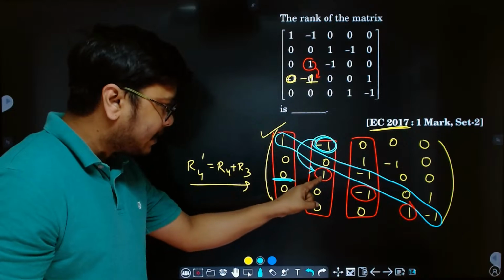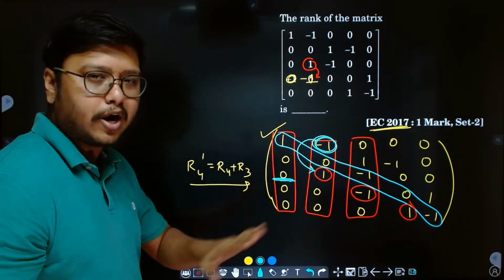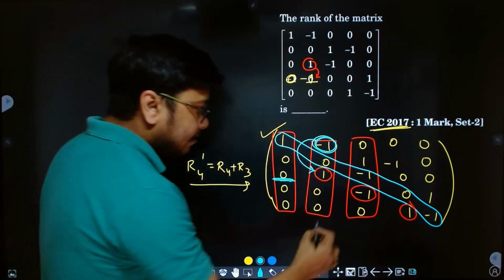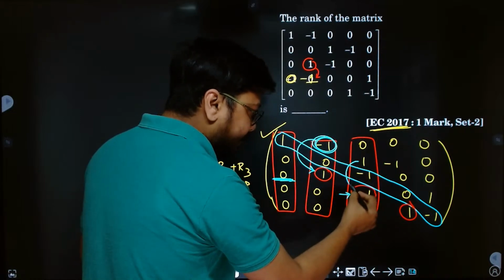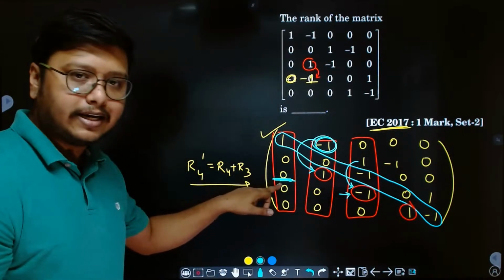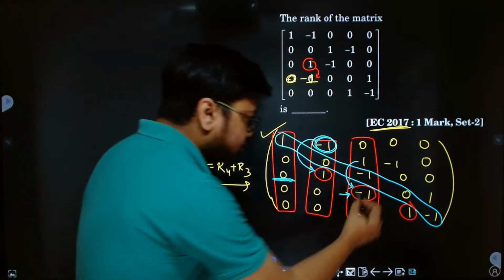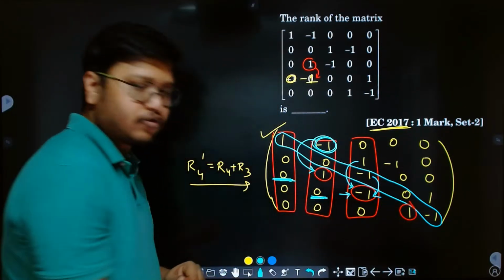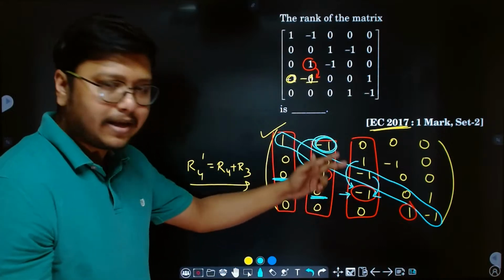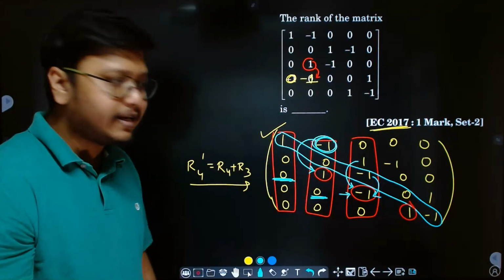So if I try to make this 0, this 0 is getting destroyed, so that is not working out. If I try to make this position 0, let's say with the help of this element, then again this 0 is getting destroyed. If I use this minus 1 to make it 0, then this 0 is getting destroyed. Okay, so whenever I'm trying to make something 0, some other 0 is getting destroyed.